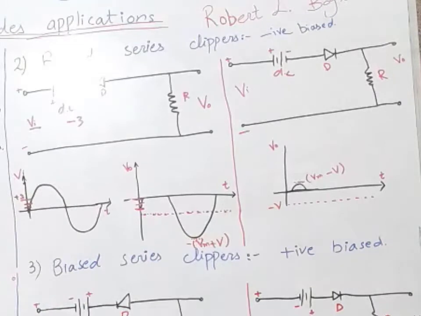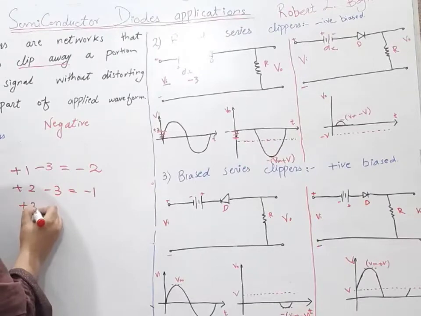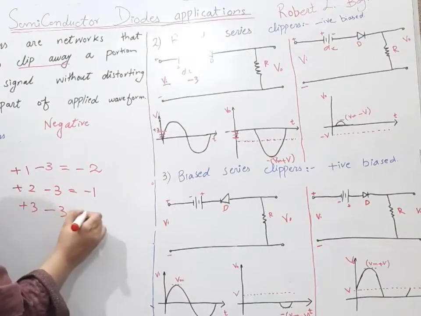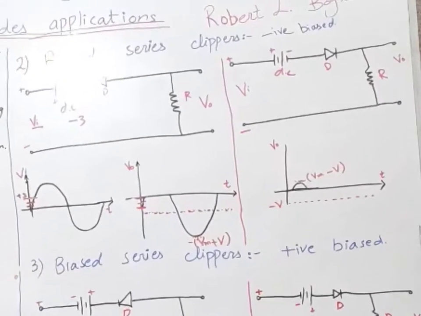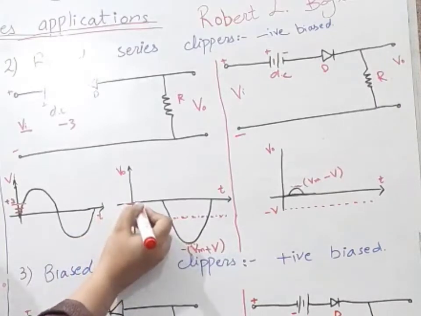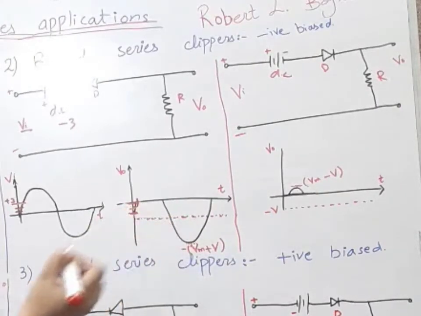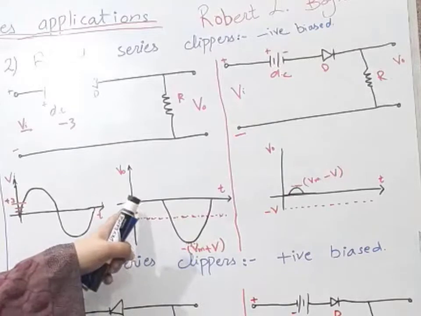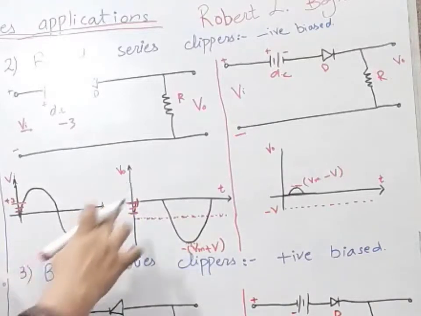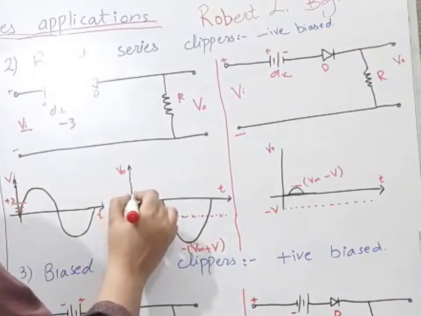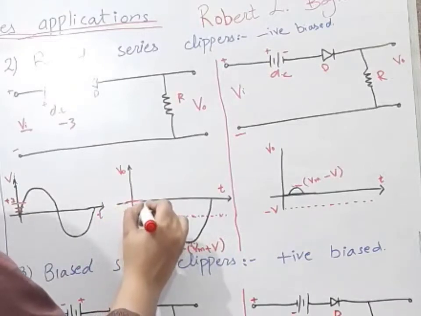Now when our applied waveform is at +3 and the battery is at -3, we will get 0. So our output waveform will reach the point 0 here. You can see our output waveform reaches the point 0 here. Finally, it looks like this.